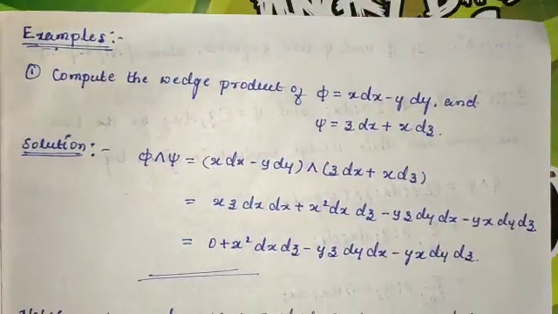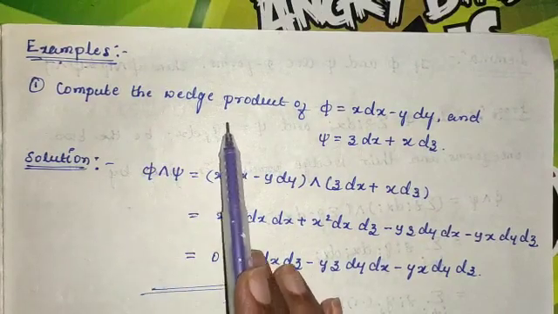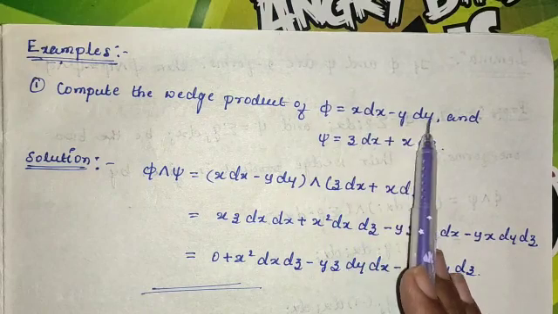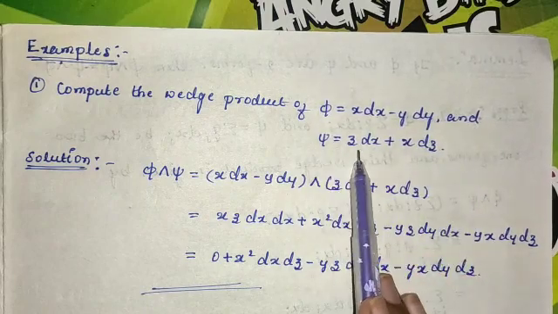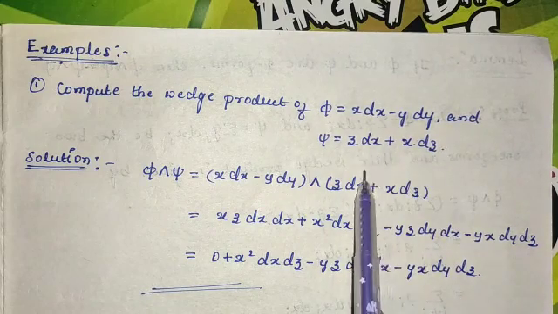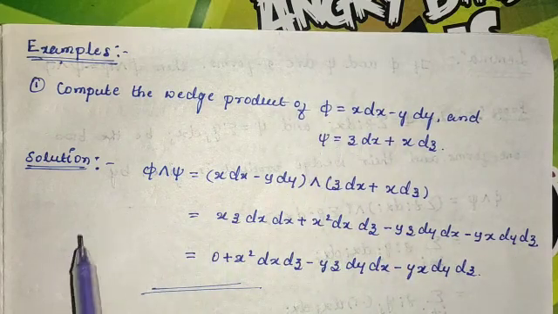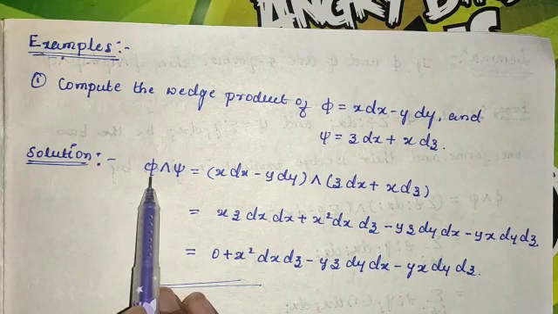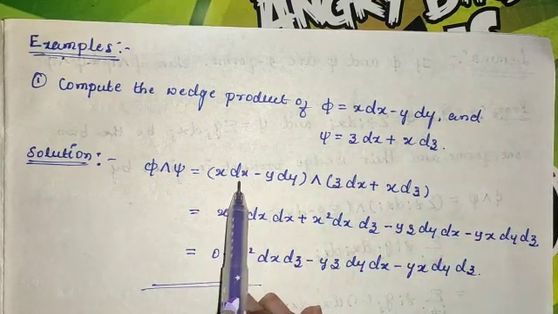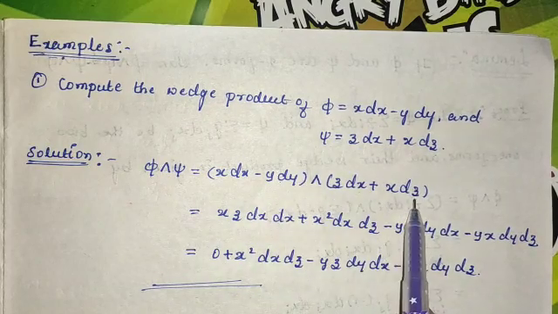Look here, the example. Compute the wedge product of the forms pi equals x into dx minus y into dy and xi equals z into dx plus x into dz. Here we find the wedge product of these two forms. Solution: pi wedge xi equals x into dx minus y into dy wedge z into dx plus x into dz.